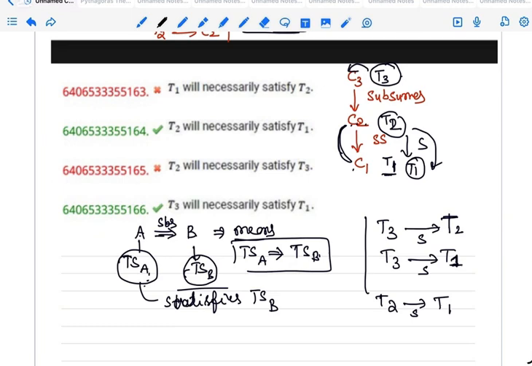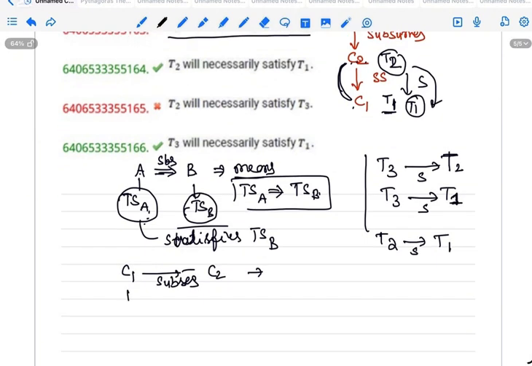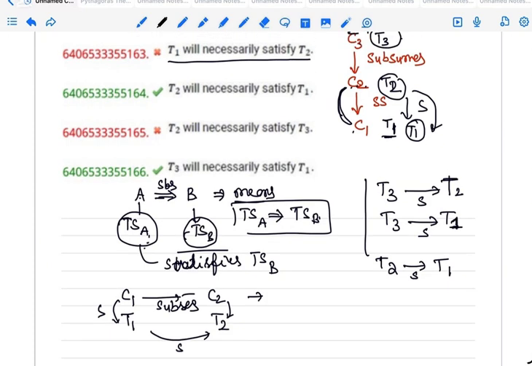From the options, T1 will not necessarily satisfy T2, because C1 does not subsume C2. The test requirement for C1 is T1 and for C2 is T2. Here C2 subsumes C1, not the other way around.